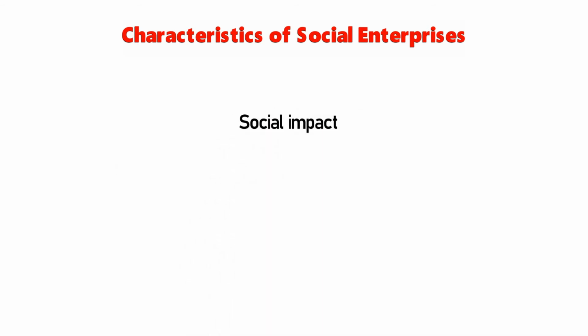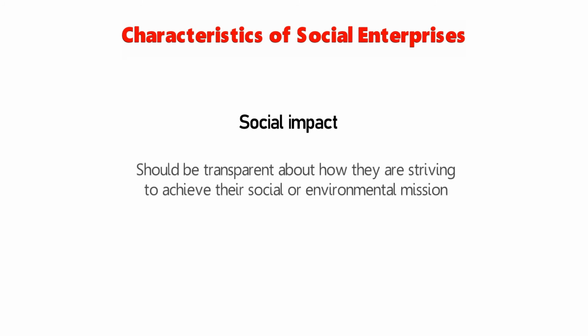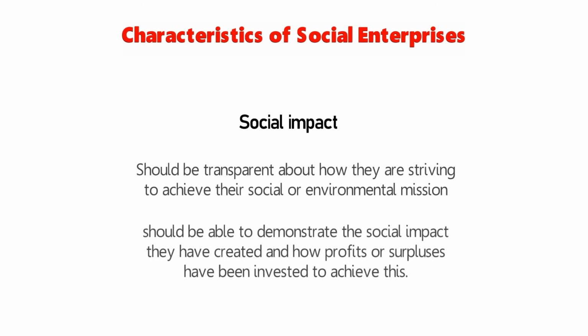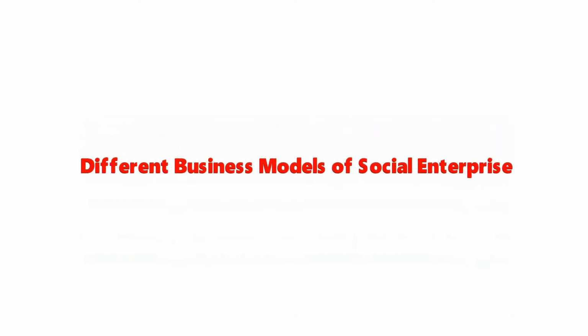Social impact. Social enterprises should be transparent about how they are striving to achieve their social or environmental mission. They should be able to demonstrate the social impact they have created, and how profits or surpluses have been invested to achieve this.